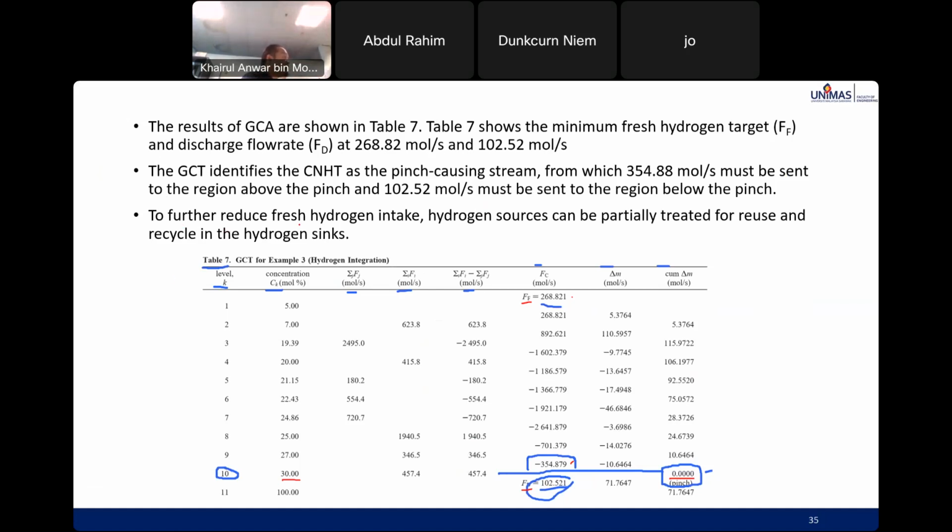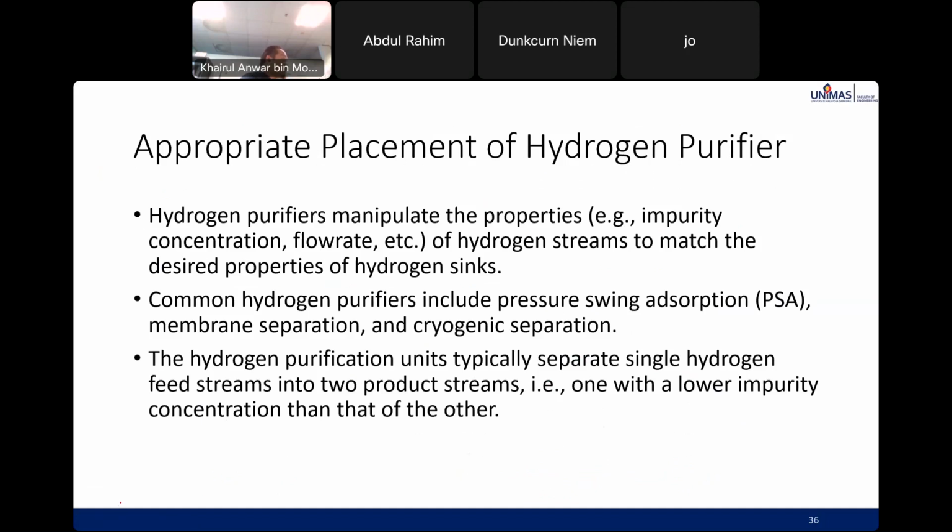To further reduce fresh hydrogen intake, hydrogen sources can be partially treated for reuse or recycled in the hydrogen sinks, with appropriate placement of a hydrogen purifier.